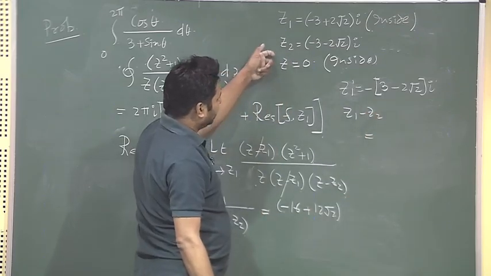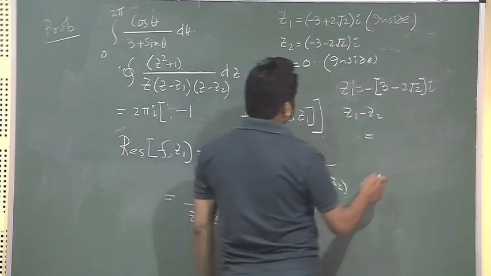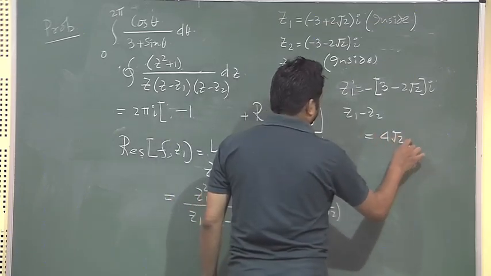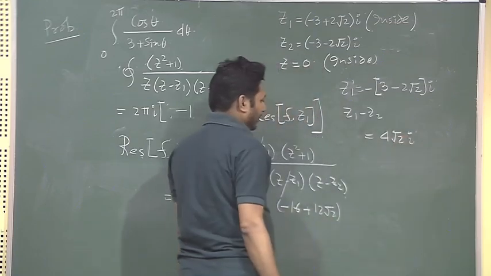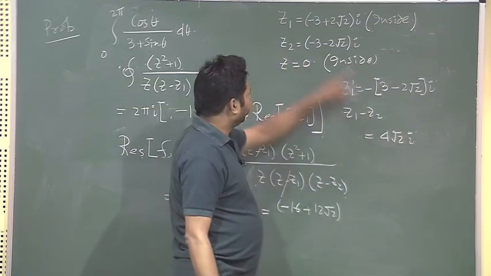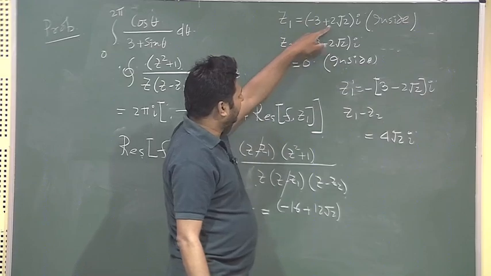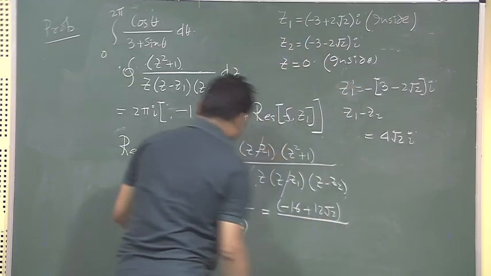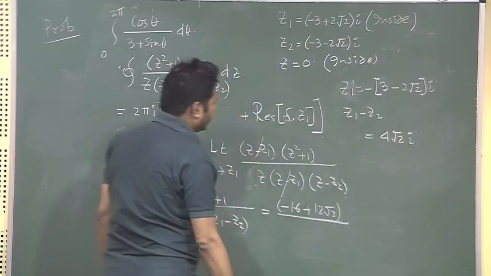When I make this minus this, I will have 4 root 2 I. So, once I have this minus this, these 3 will cancel out, only this and 4 root 2 I. Now, if I put it here, z1 is this quantity.